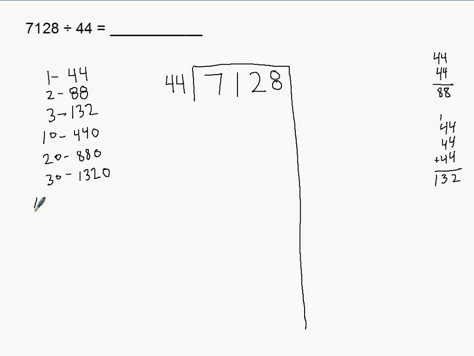So we'll go ahead and we'll try 100, 200, 300. And again, I'll put down 44, 88, and 132. And since I'm multiplying times 100, and 200, and 300, I'll add 2 zeros to each of these.